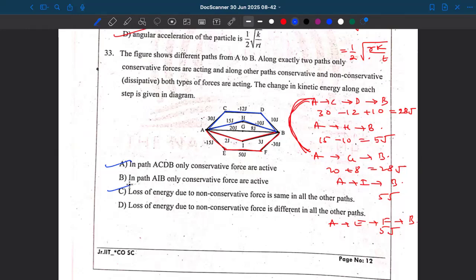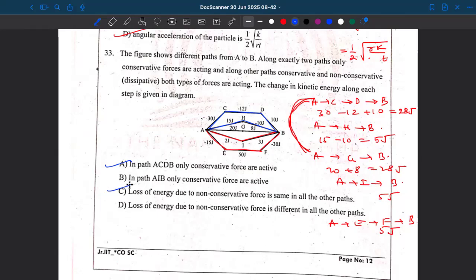What is the problem with AIB? In fact, AIB is 5 also. A to E, E to F, F to B. If for ACDB the rule is true, why not for AIB?